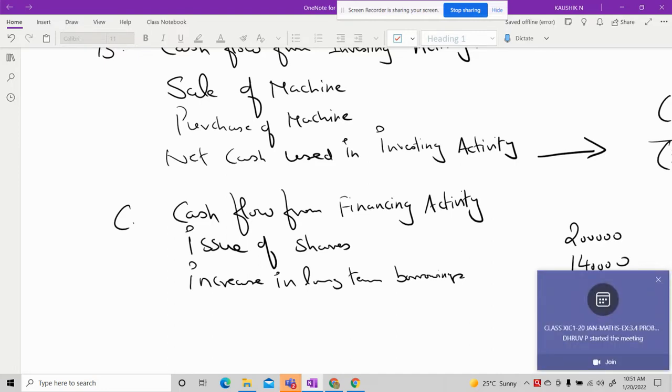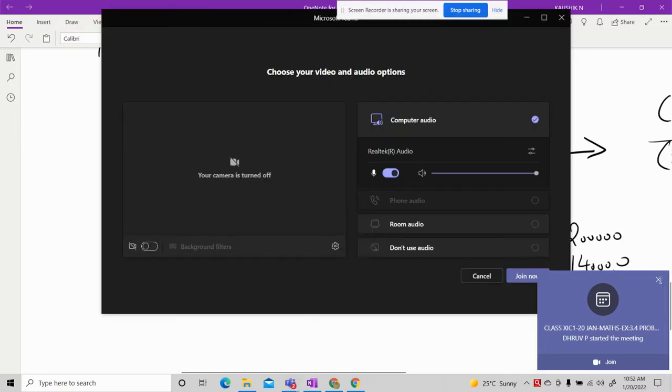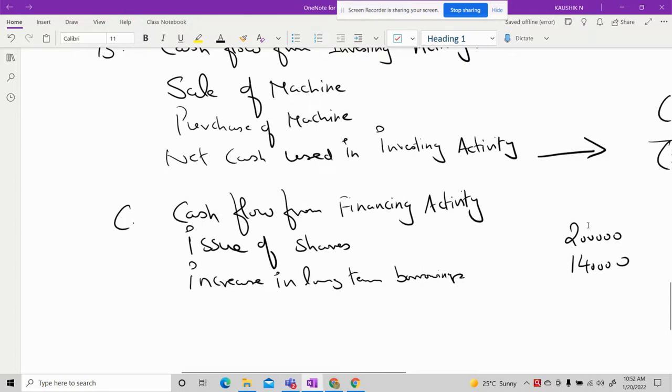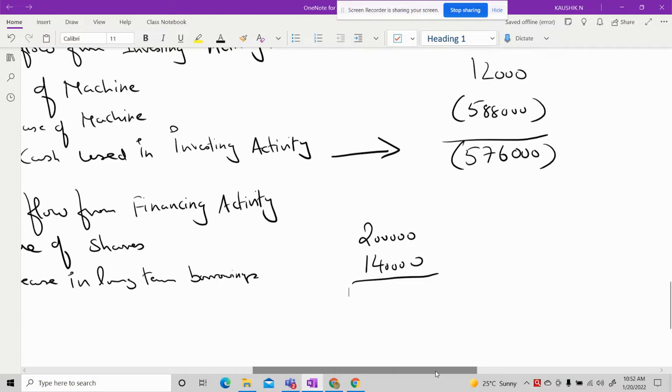When you add these two, you will get an amount, that is 3 lakh and 40,000, right? So add these two values, that gives you a net amount. That should be recorded in the outer column, 3 lakh 40,000.